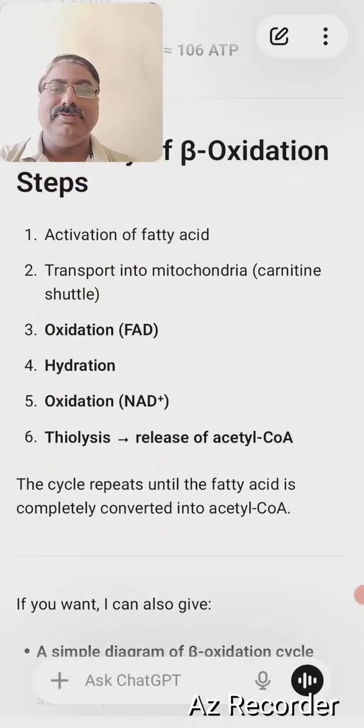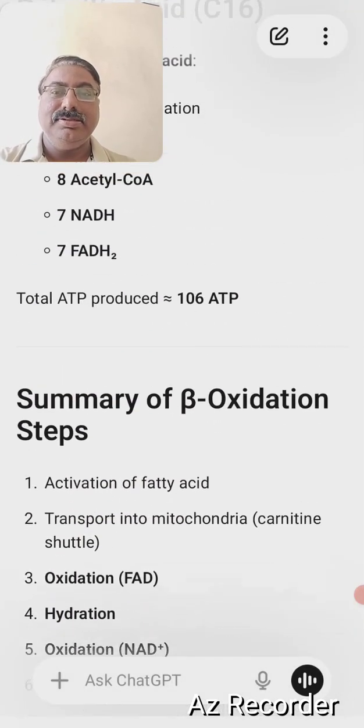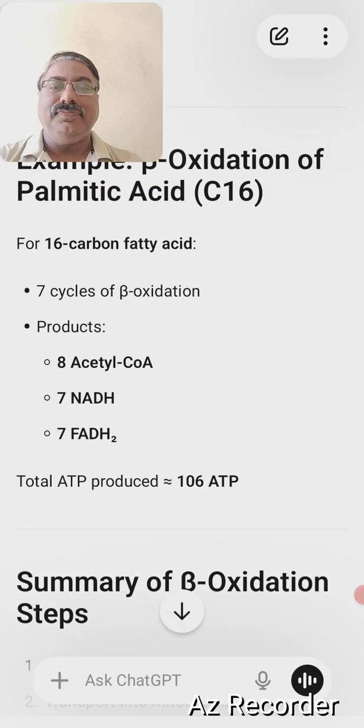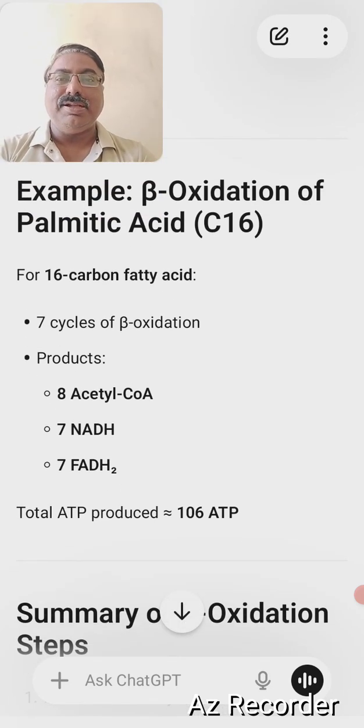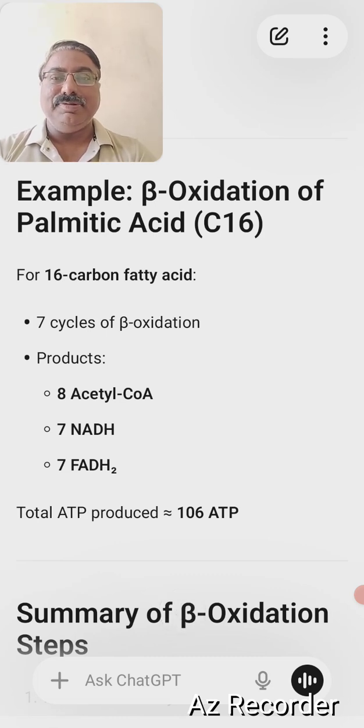If you want to find out the energetics, the total number of ATP molecules which can be synthesized from beta oxidation of palmitic acid is 106 ATP molecules, after hydrolysis of acetyl CoA and use of NADH and FADH2 in the electron transport chain. So beta oxidation is a process which yields a large amount of ATP molecules.